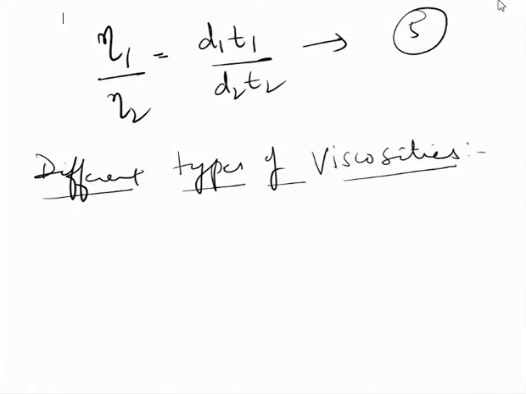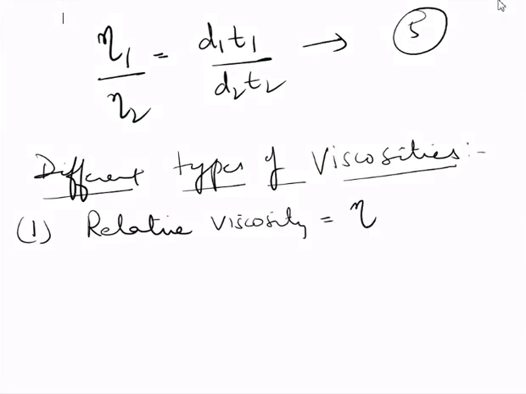So here class number 1 is your relative viscosity. ठीक है, जो आपने भी पढ़ा ही है, that is given as eta relative, REL, which is again going to be your eta of the given liquid upon eta of the water. Water को normally भी use करते हैं.